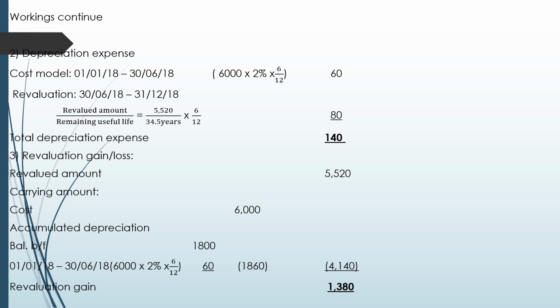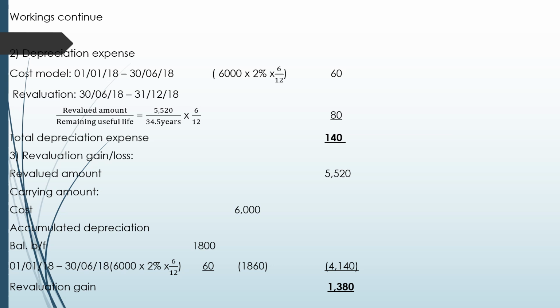Then we multiply by 6/12 because we use the cost model for half the year, so we arrive at 60. Then using the revaluation model, remember I told you that depreciation under revaluation is the revalued amount over the remaining useful life of the asset.